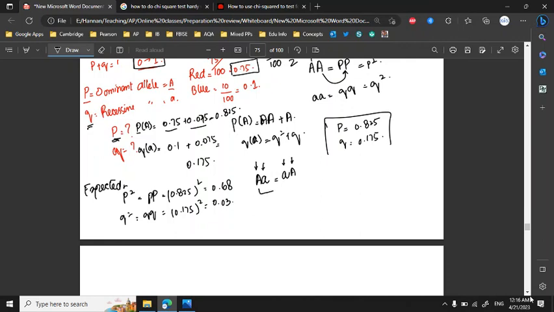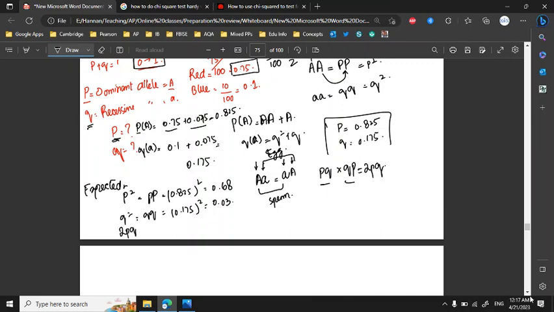Both are possibilities, so the capital A small a or small a capital A can be represented by PQ into QP, which would become 2PQ because of both the chances.